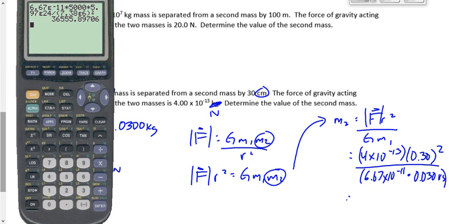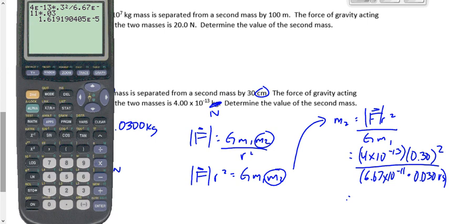So don't enter it this way in your calculator because there's going to be a mistake here. Tell me where the mistake is. Say 4 times 10 to the negative 13 times 0.3 squared divided by 6.67 times 10 to the negative 11 times 0.03. Okay, that's the wrong answer.